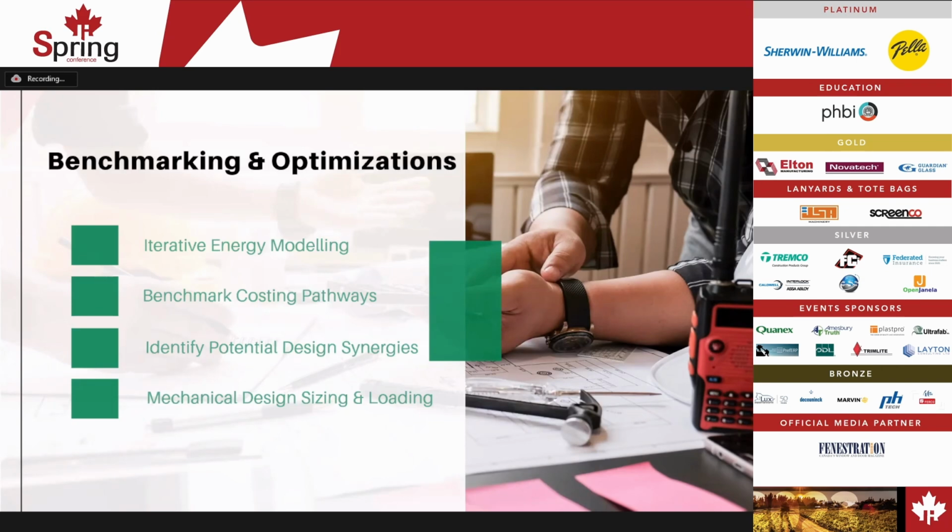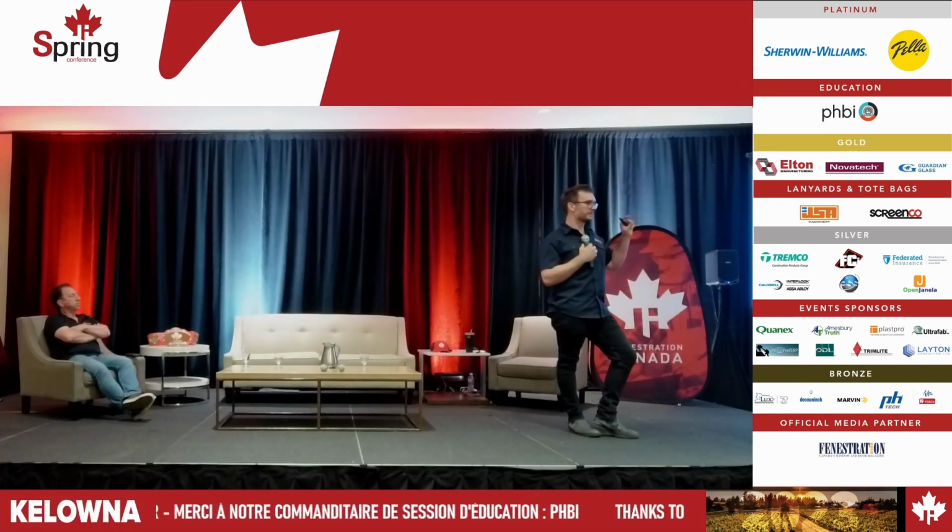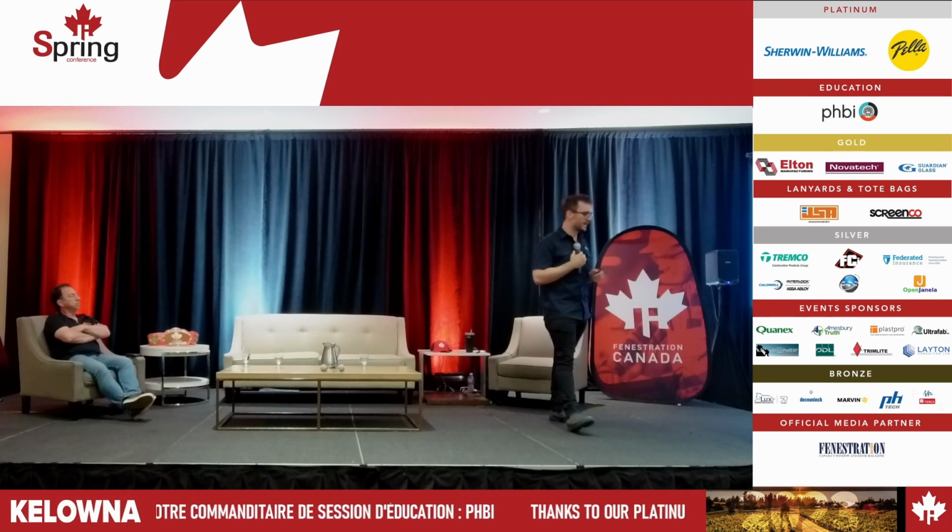And during the benchmarking and optimization pathways, we're also looking at engaging the mechanical designers, getting their input on the mechanical design and the loading of those systems as well, because depending on what options we're sizing for upgrades, that's going to be affecting the mechanical systems as well.